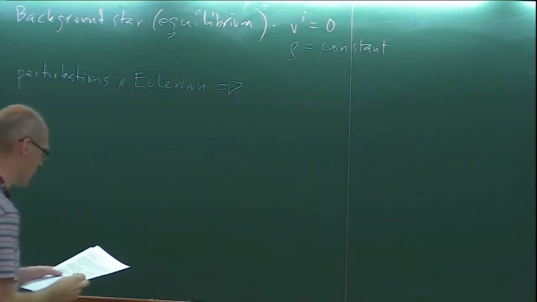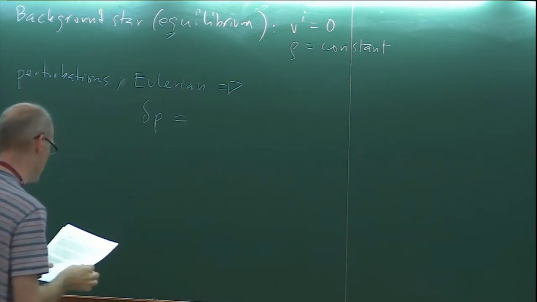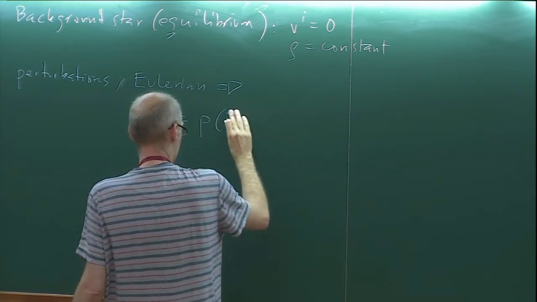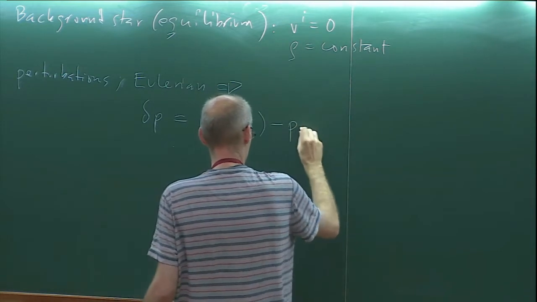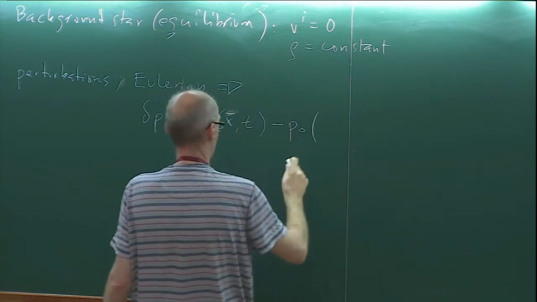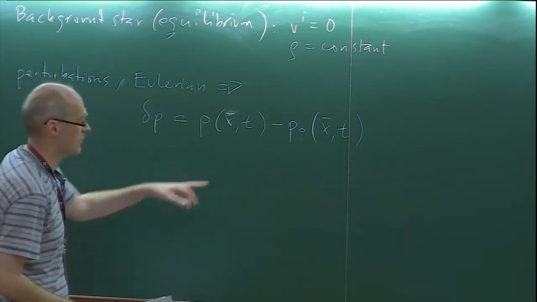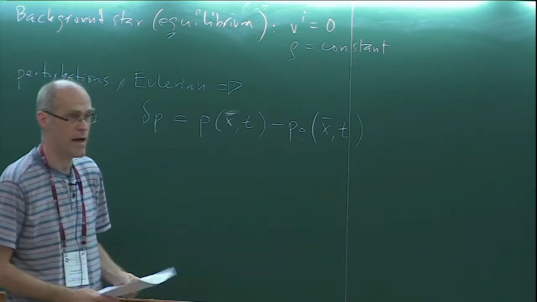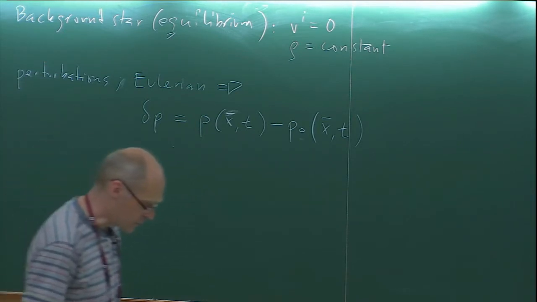So in that case, for example, for the pressure, you say that the perturbation in the pressure is simply the difference of the pressure at the position x and time minus the original background one at the same position and the same time. This doesn't depend on time, but it's like this, okay? Sit at this point and you just compare what's the value now compared to the value in equilibrium, okay? So that's option number one.